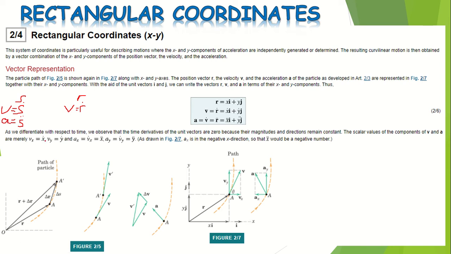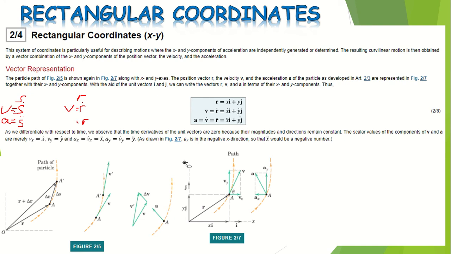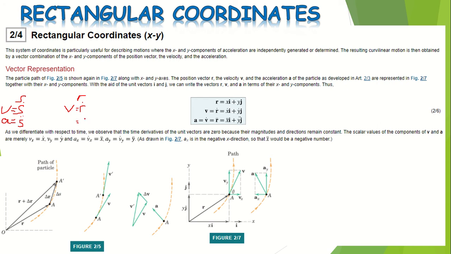Similarly, in this case, if you take the derivative of r once again, we have r double dot.